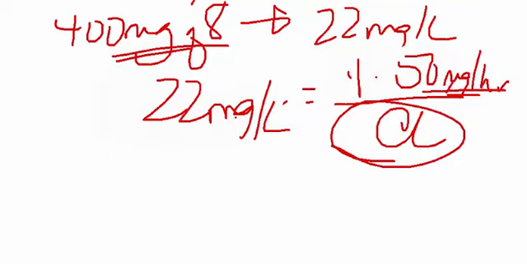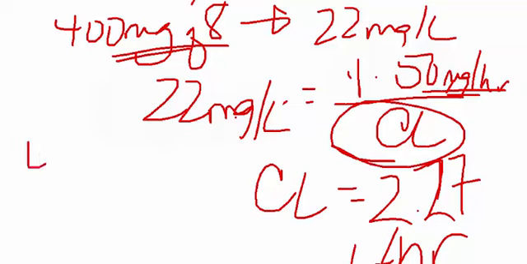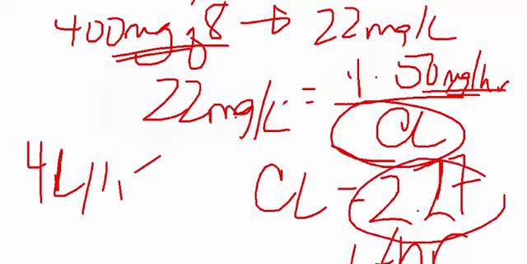Milligrams cancel, and we have liters per hour, which is a clearance term, so that's good. So it's going to be 2.27 liters per hour. Remember, our population said 4 liters per hour, but our patient's actual clearance is 2.27 liters per hour.